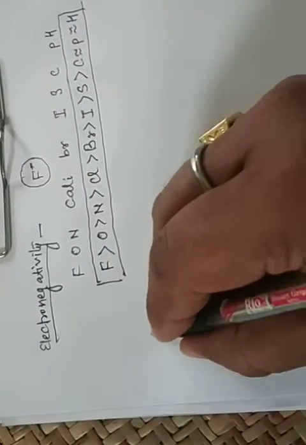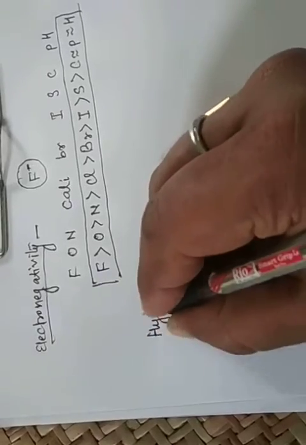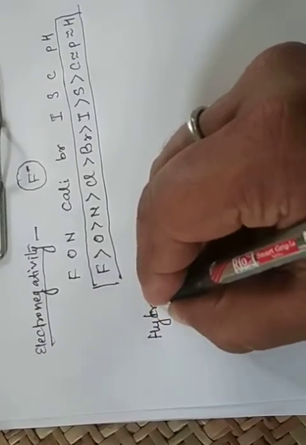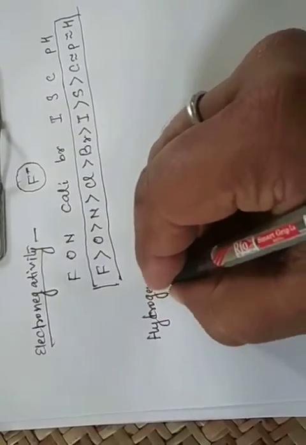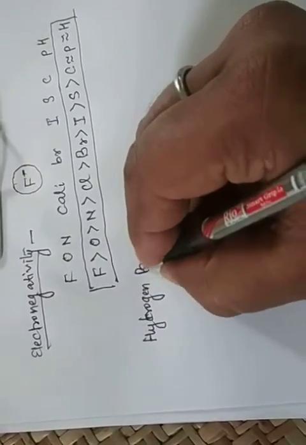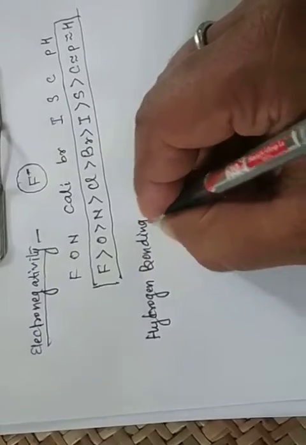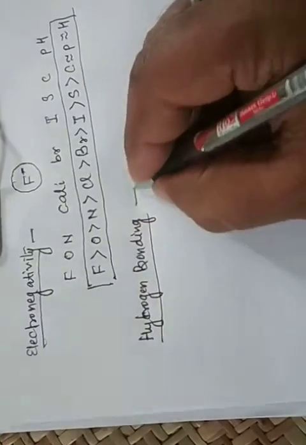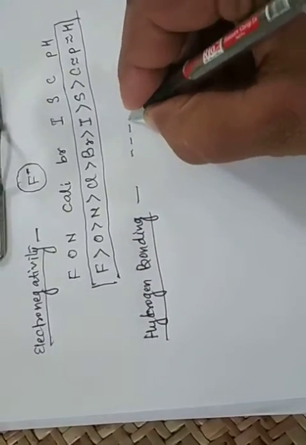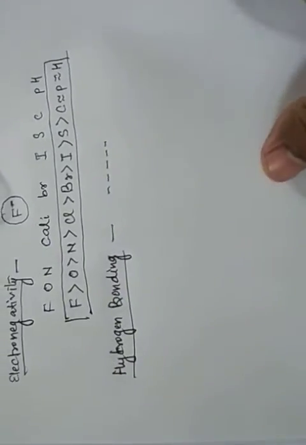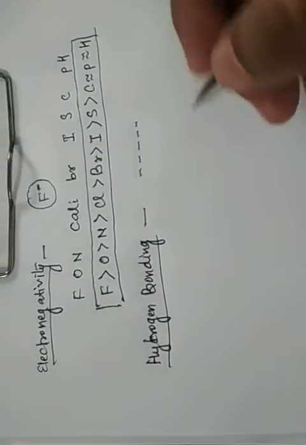Now the next is, what is hydrogen bonding? It is denoted by a dotted line, represented here by a dotted line. Now how do we find that a compound has a hydrogen bond?